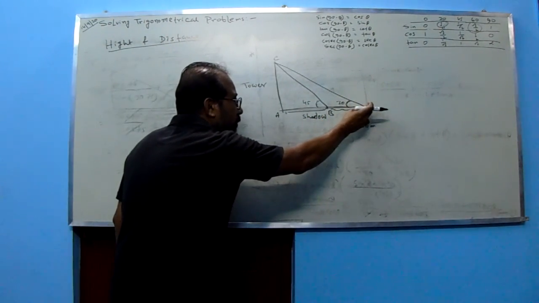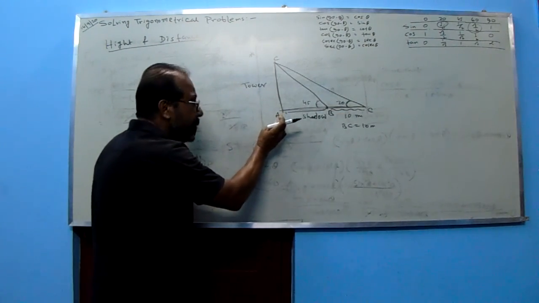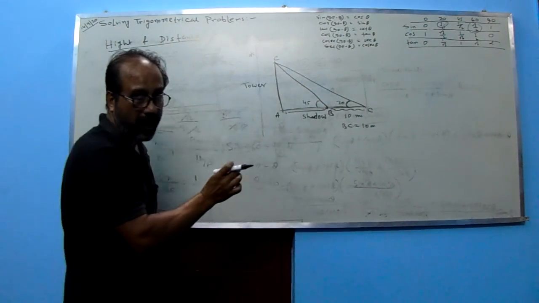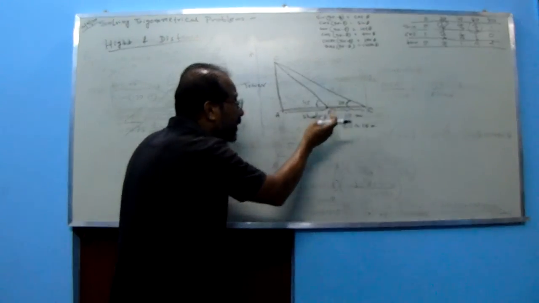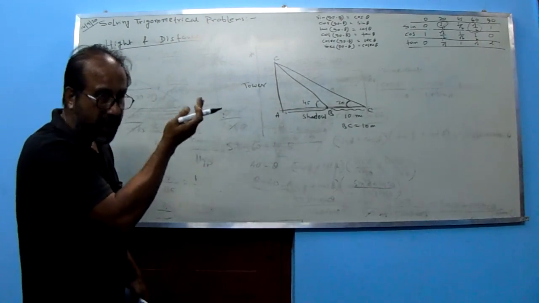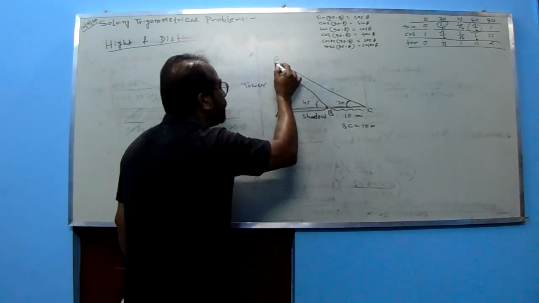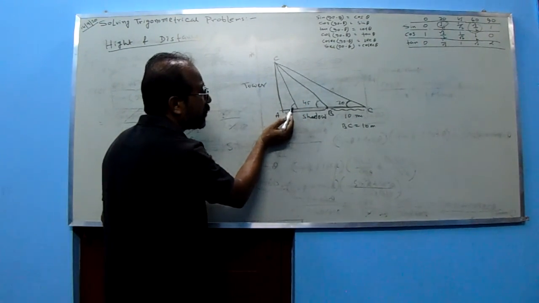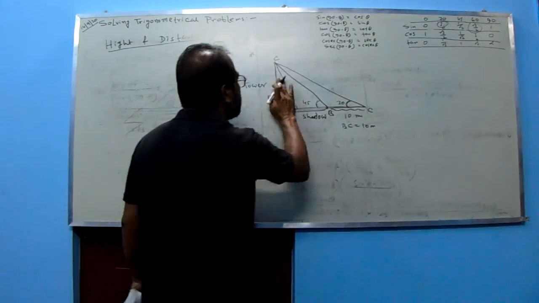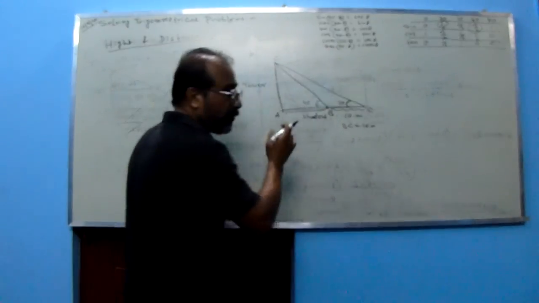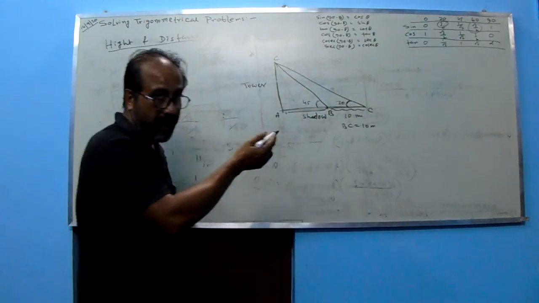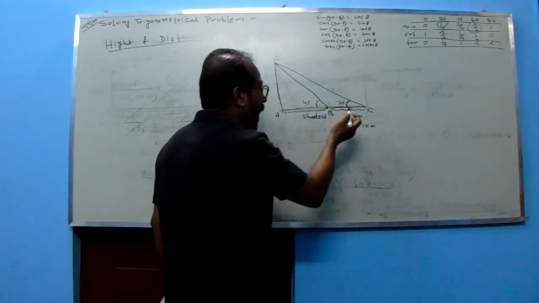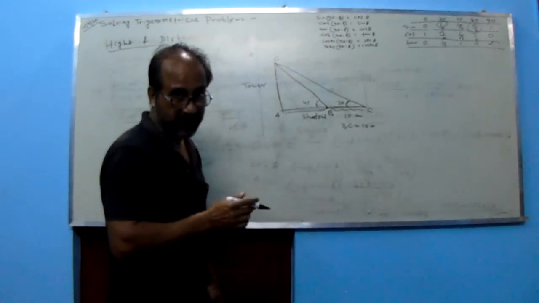If you are approaching from point C to A, meaning from point C to the ground part of the tower, the value of the angle keeps increasing. So from 30 to 45. So from far point to near point, whatever angle of elevation you get, that angle keeps on increasing.